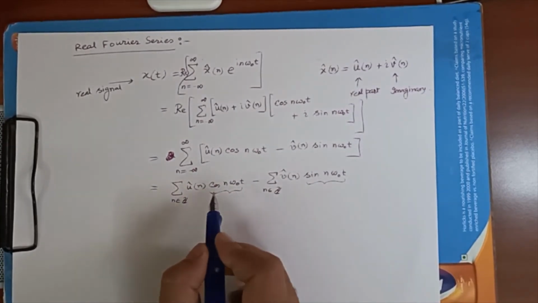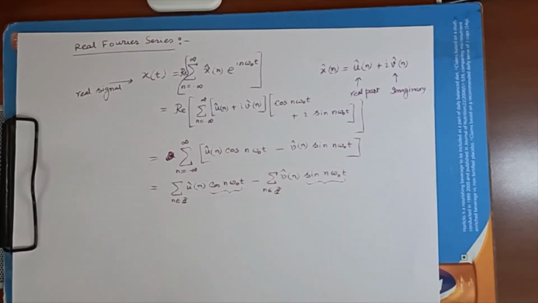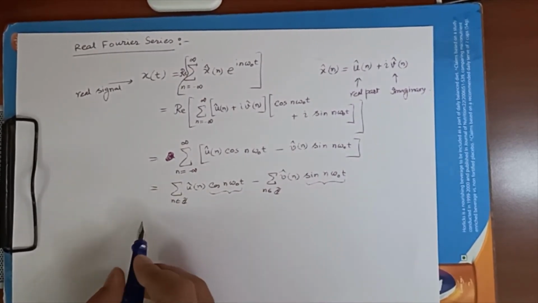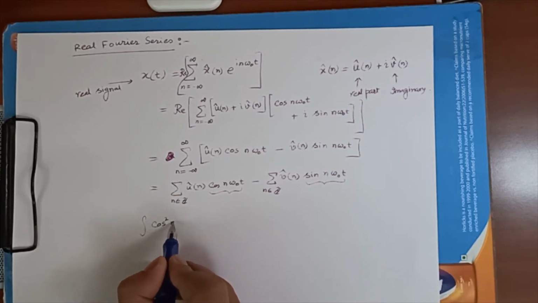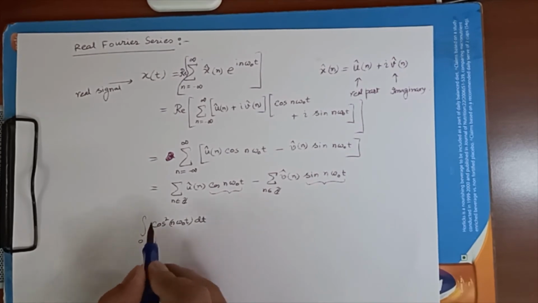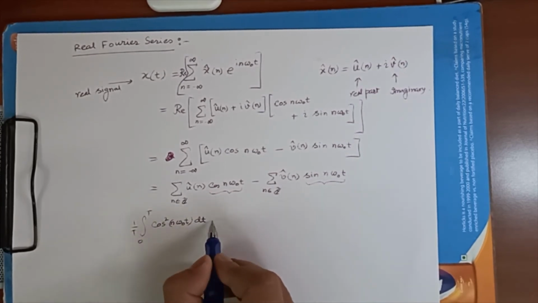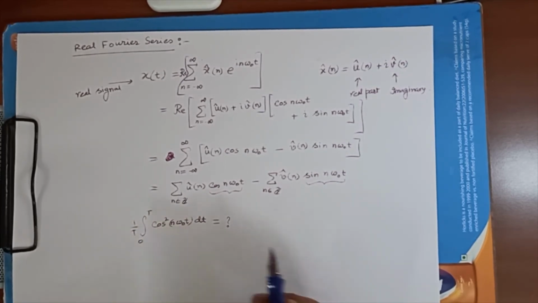You can test whether they are legitimate basis functions or not. How can you test that? You can check whether their norm is unity. So the integral of cosine square n omega 0 t dt, from 0 to T, times 1 by T, check whether this is 1.